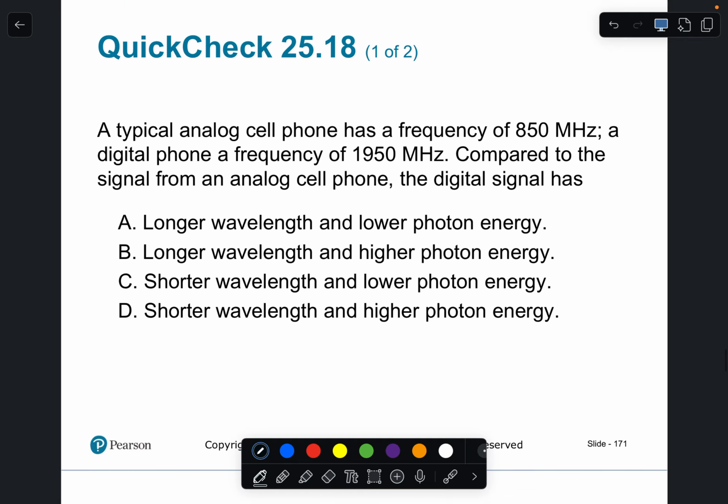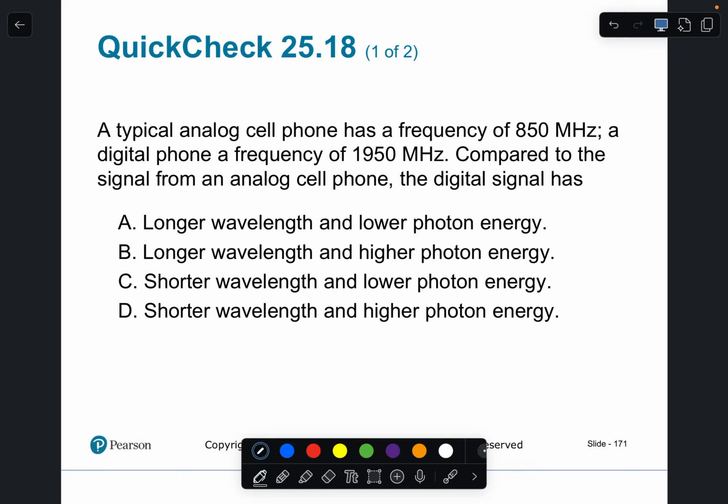This is a little bit of a throwback. If we have an analog cell phone, like the oldest cell phones, because there weren't a lot of cell phones, we were all on one network, right? And the band at which we were talking to each other was a frequency of 850 megahertz. Now we have 2G, 3G, 4G, 5G. What do all those G's mean?